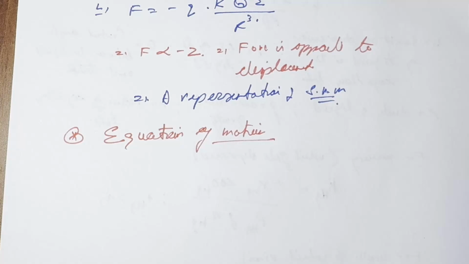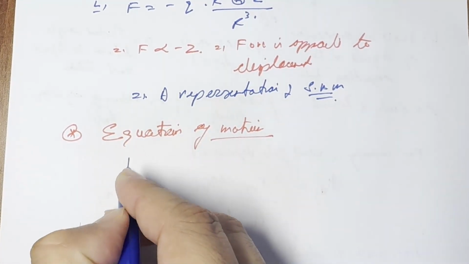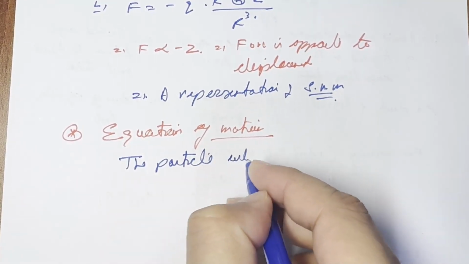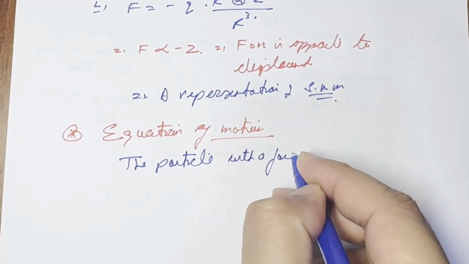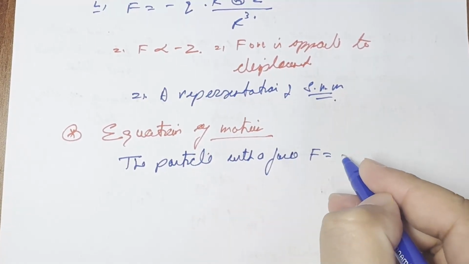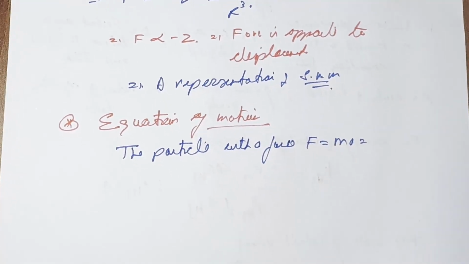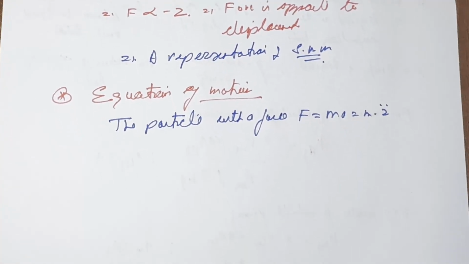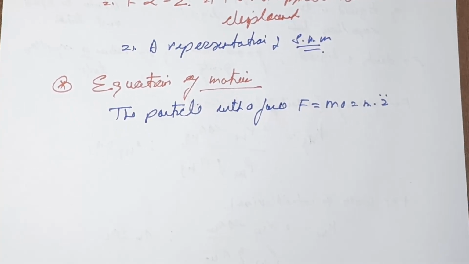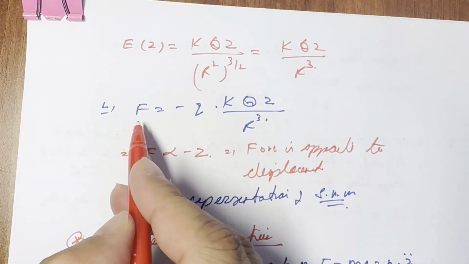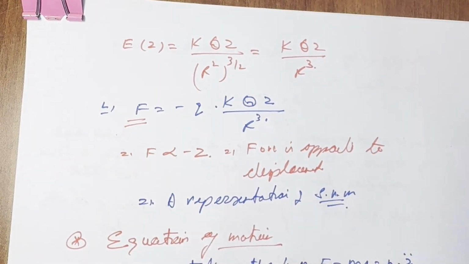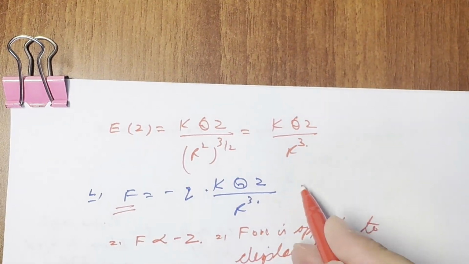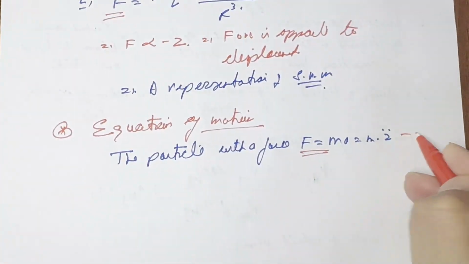The particle with force F will be equal to mass times acceleration, and that will be equal to mass multiplied by the double derivative of the displacement, that is z. So we have two equations for F. Let me call the first equation number 1 and this one equation number 2.